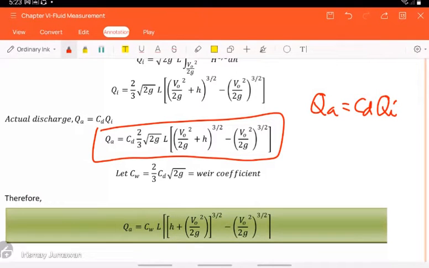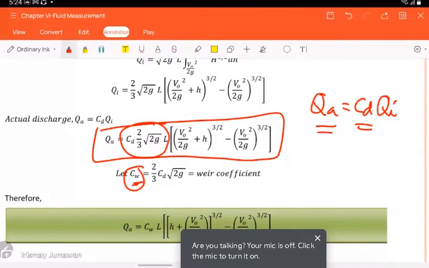So if we let this one be our Cw, since we measured the weir coefficient of discharge, our coefficient is the coefficient of weir. You have Cd, that is the discharge coefficient. So since we will get the discharge from the weir, the coefficient there is also Cw, or the weir coefficient.